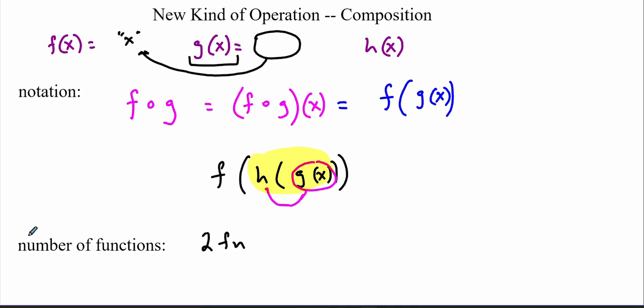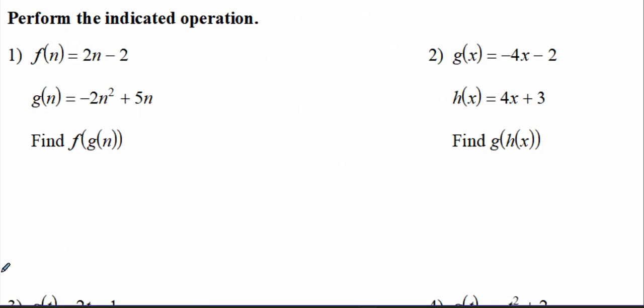Okay, let's get through an example or a couple of examples, and you'll see it's really not that difficult. The order absolutely matters, which one is listed first. So in this case, what am I doing? I'm taking the G function, and in this case the computer said n, but typically it's x.